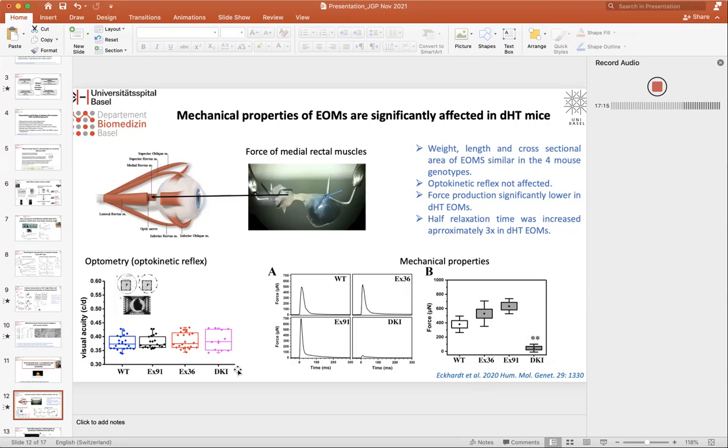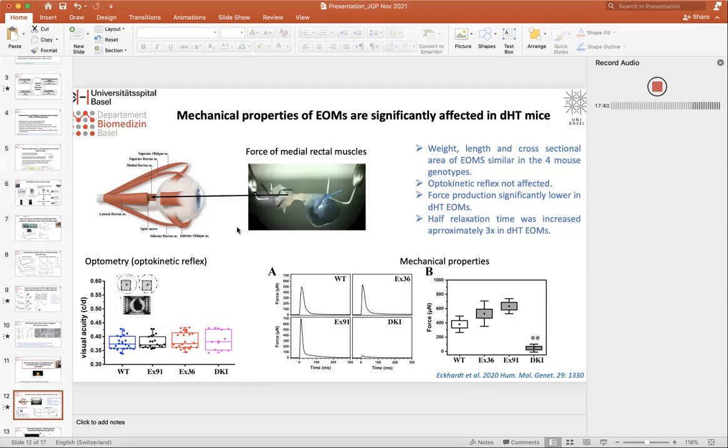And we were a bit surprised by this because we knew that the EDL and soleus muscles were affected. But this is a behavioral test, and what we realized subsequently is that although the mouse usually moves his eyes, in our case he was moving his head. So he still had the reflex, and this test is somewhat not valid for this measurement.